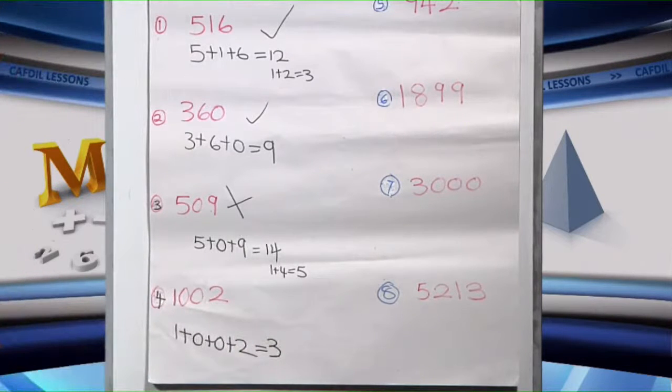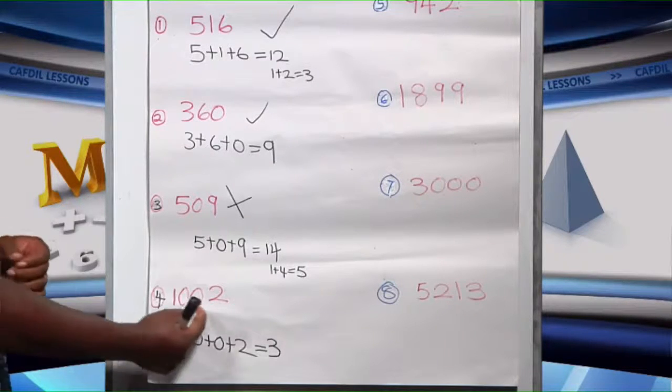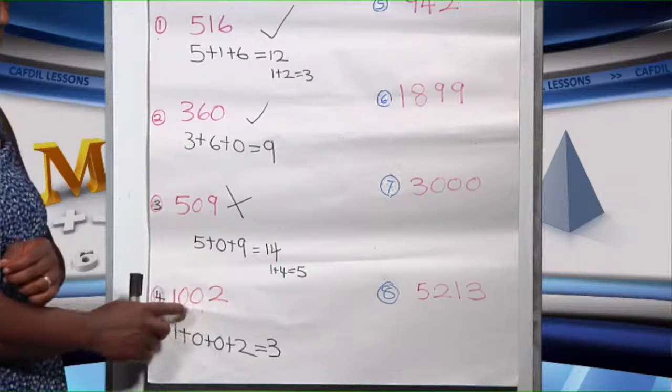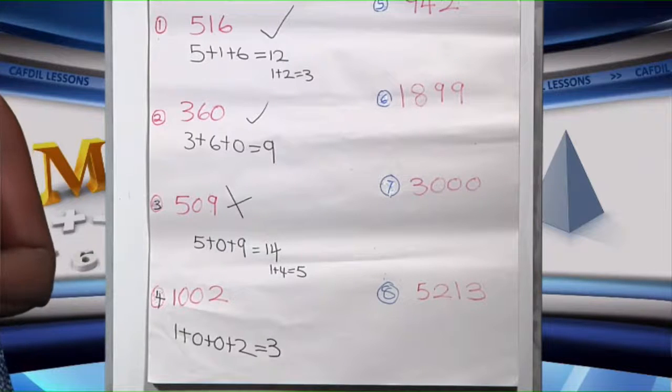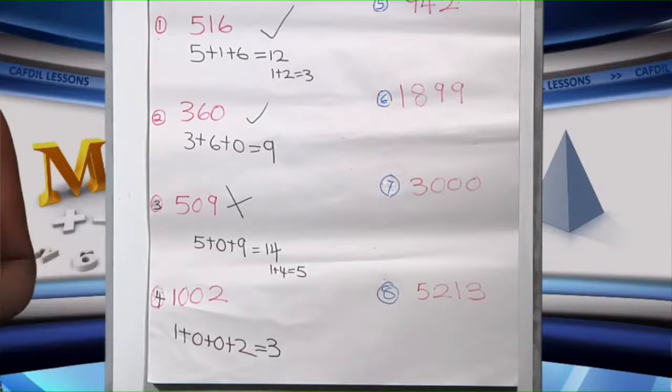Therefore, 1002 is divisible by 3. You can divide 1002 by 3, and there will be no remainder. So 1002 is divisible by 3.